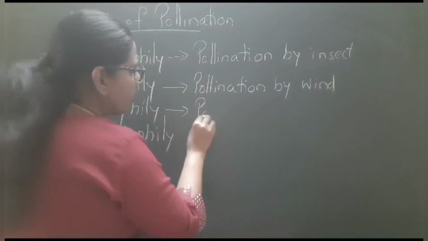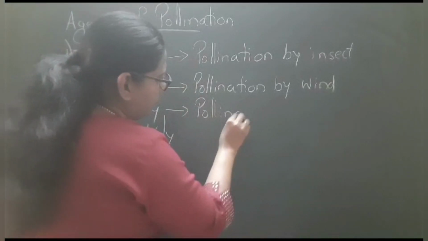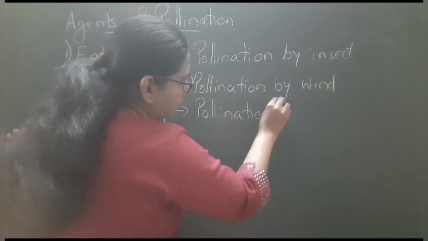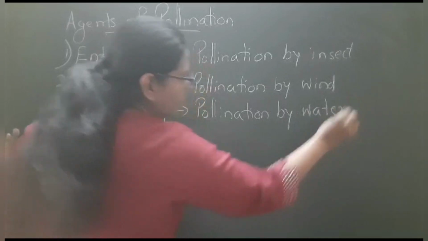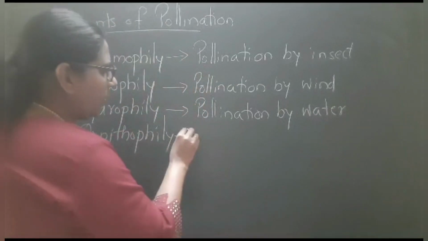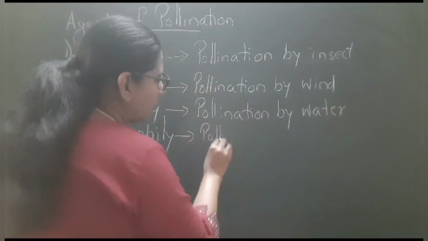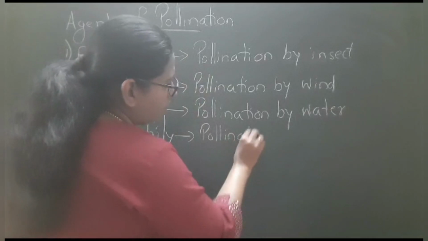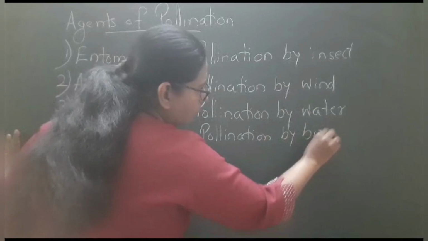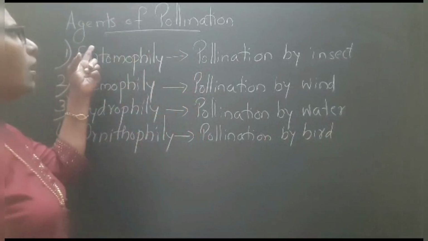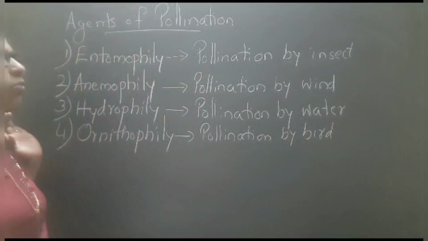Hydrophily, pollination by water. Ornithophily, pollination by bird. These are the four agents of pollination.